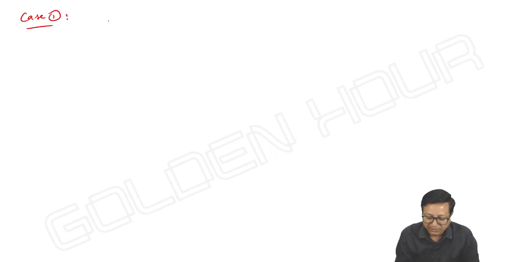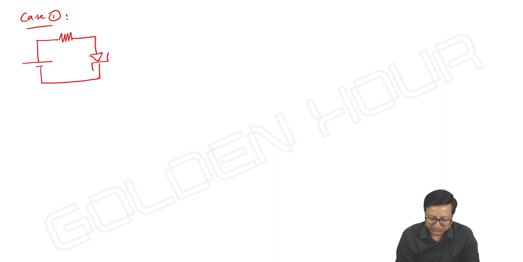Okay, so if you take case 1, the Zener diode forward bias condition, with V input and R. Whenever we forward bias, anode is connected to positive terminal and the cathode is connected to negative terminal of the device.